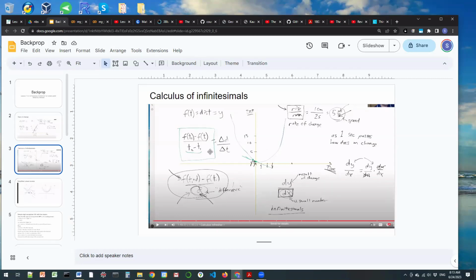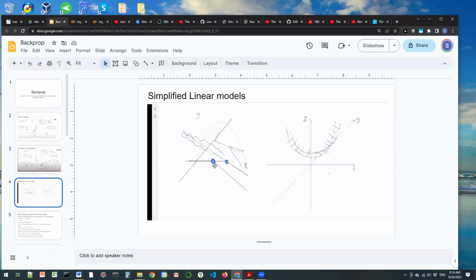Now, obviously, this is all a single variable and in just 2 dimensions. So we're just viewing distance as a function of time. But it so happens that now when we begin to move towards what we want to discuss, which is how do we compute changes and how do we use a neural network to predict and to get our predictions to be better, then we're looking at more complicated concepts.